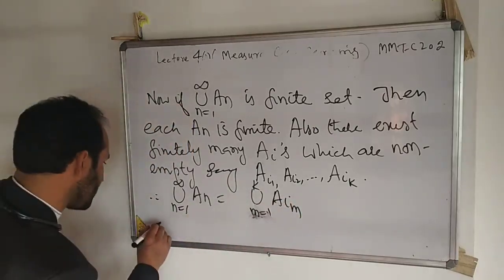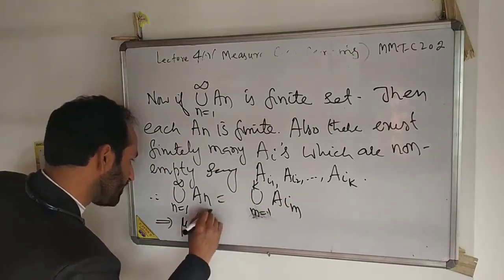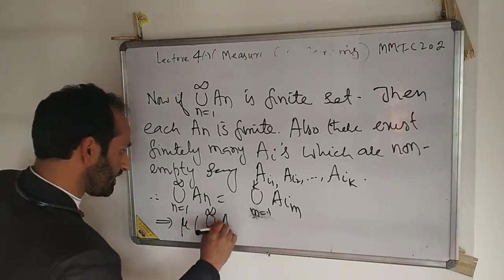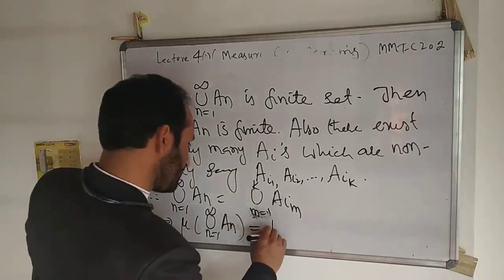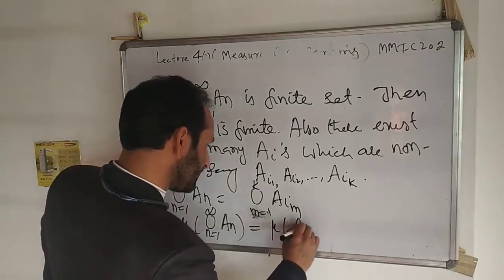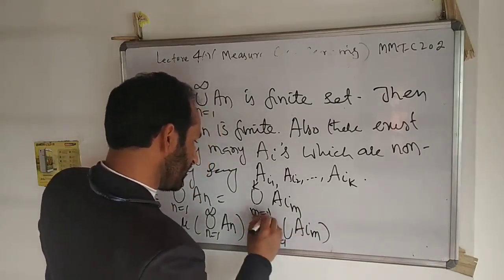So mu of the union of An, n from 1 to infinity, is the same as mu of the union of Aim, m running from 1 to k.